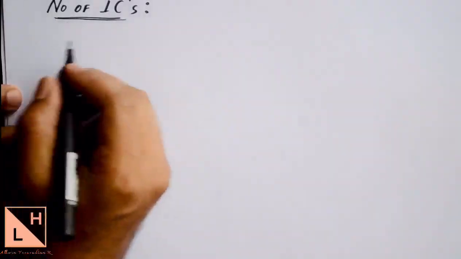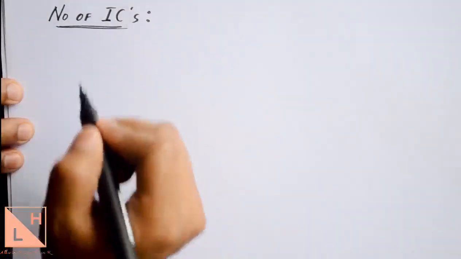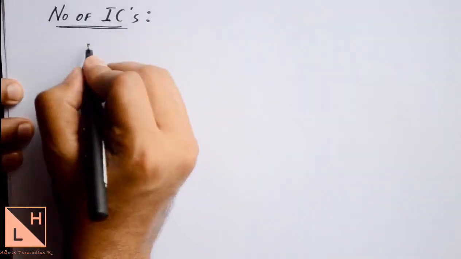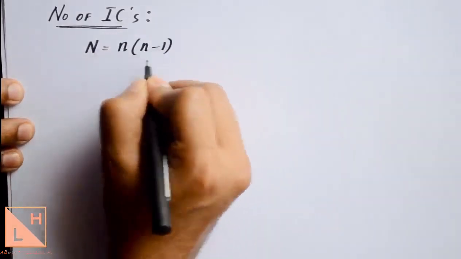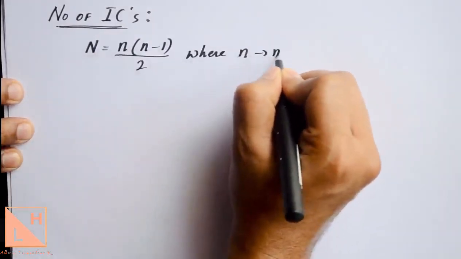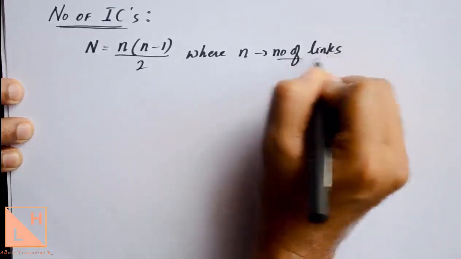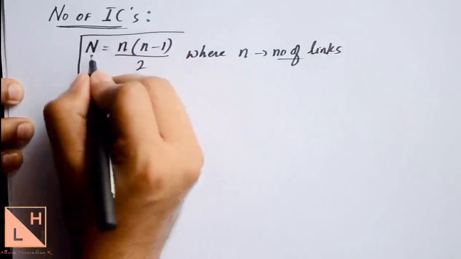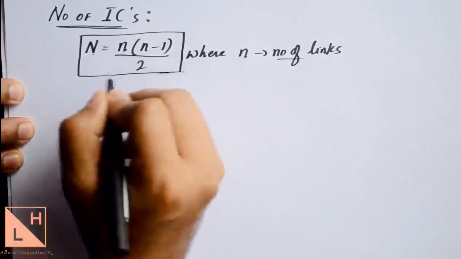So for any combination of links, you know how many instantaneous centers exist for that particular link and mechanism. That can be found out mathematically, for which we have an expression. The value of n is nothing but the number of links present in the mechanism. Using this formula, you can find out the number of instantaneous centers for that particular mechanism.